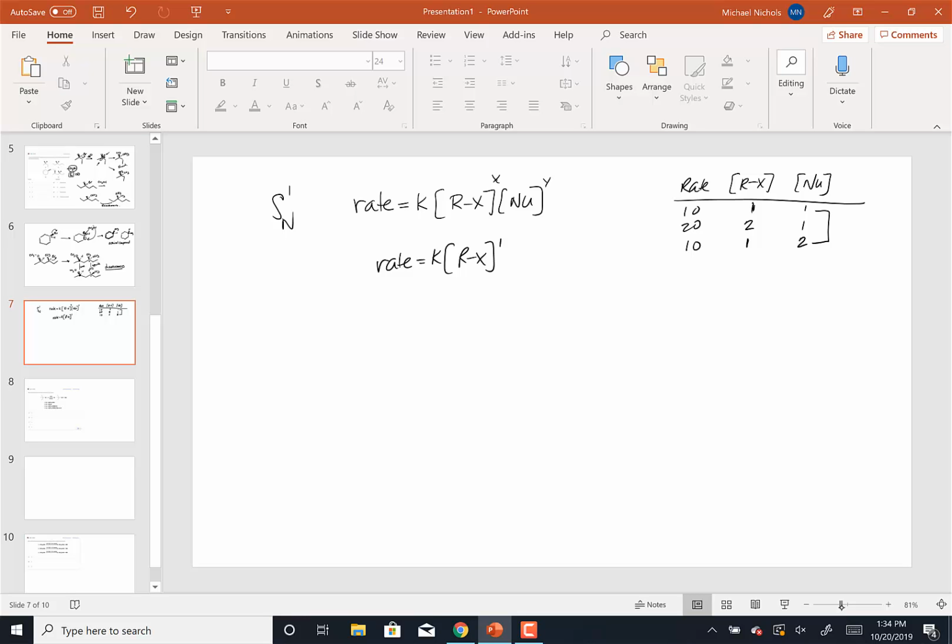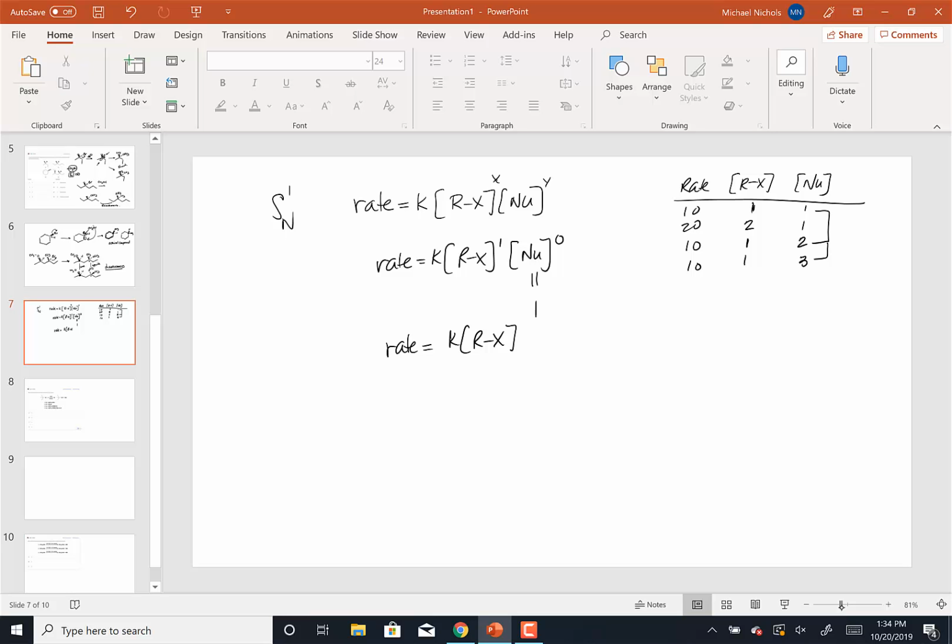They went on and tripled the concentration of nucleophile while holding the alkyl halide the same, and the rate didn't change. That means that the concentration of nucleophile in this rate equation is to the 0 power, because anything to the 0 power is 1.